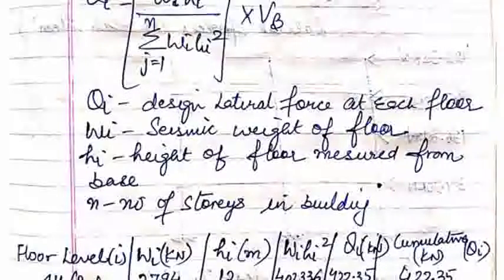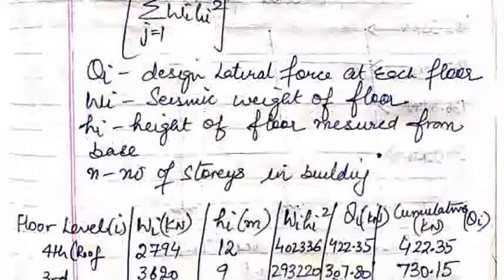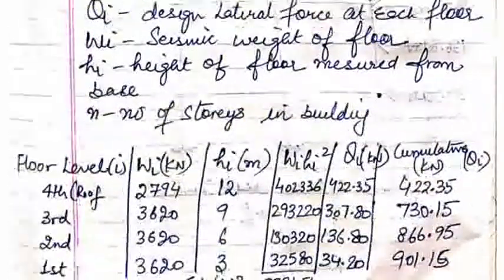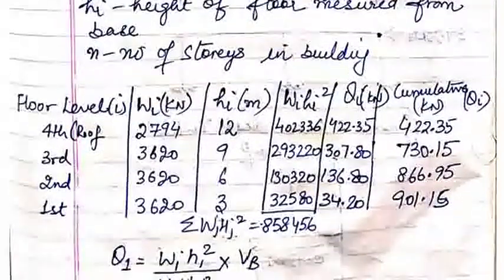To calculate the value of Qi, that means now we calculate for each floor, it will give us the values of Q1, Q2, Q3 and Q4. For this, it is advised to make a table in which you will write first the floor level, then Wi, then Hi, then Wi into Hi square, then Qi.